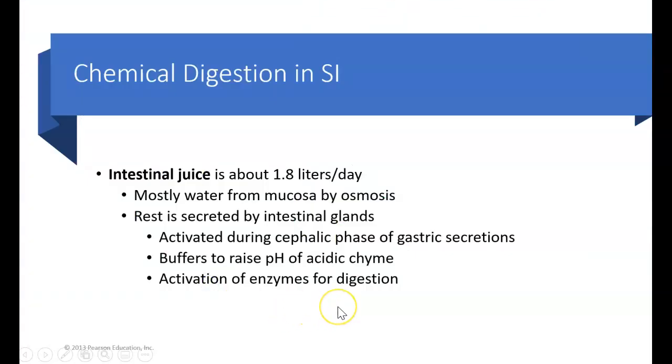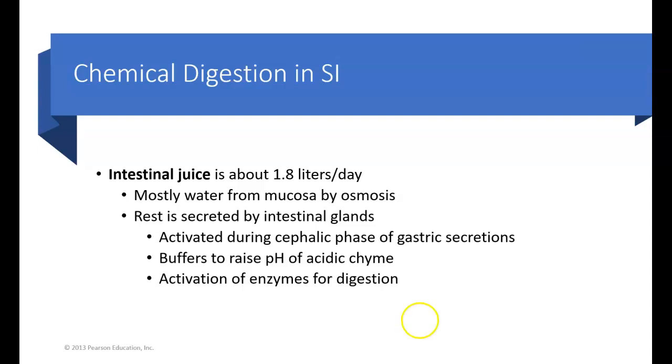Chemical digestion is going to be controlled by the intestinal juice, which we produce about 1.8 liters per day. It's mostly water from the mucosa by osmosis, but the rest is going to be secreted by intestinal glands. It's activated during the cephalic phase of gastric secretion, so that's when intestinal juices will start to be produced.